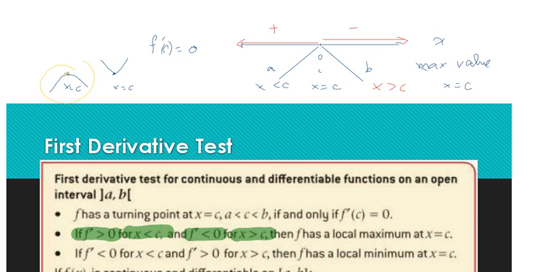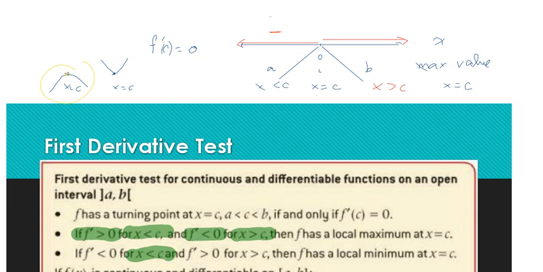Now, to illustrate the next definition here, if our x is smaller than c and the slope we attain is less than 0, then our slope is negative, a negative slope.